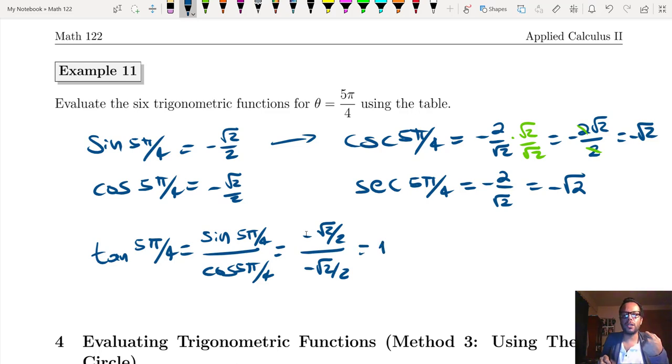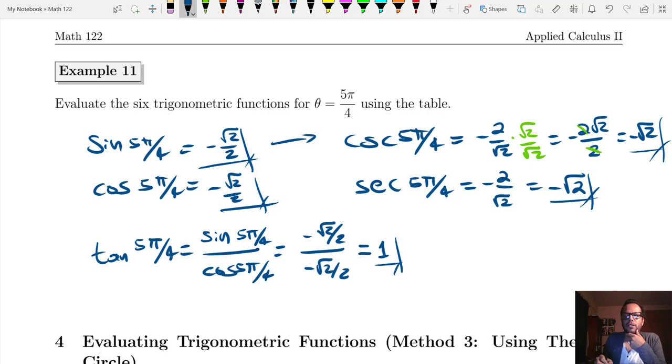That's going to give us 1. And surprise, surprise, cotangent of 5 pi over 4. The cotangent function is the reciprocal of the tangent function, right? But what is the reciprocal of 1? Well, it's also 1. And there we go, our 6 trigonometric functions.